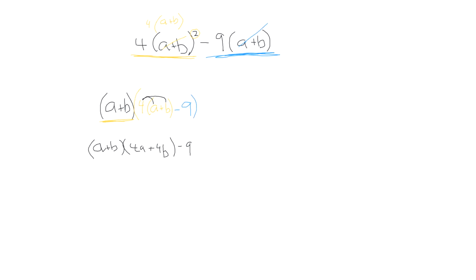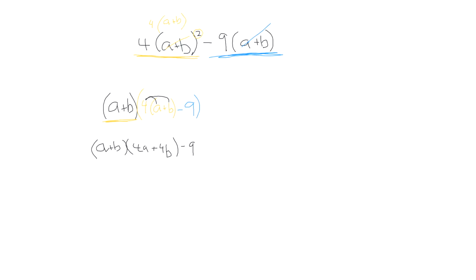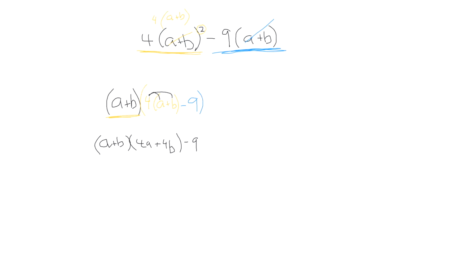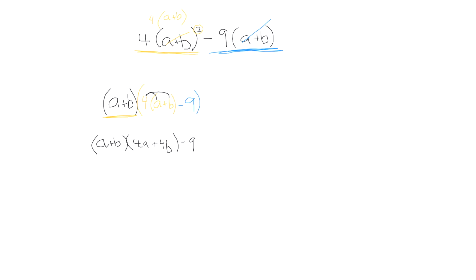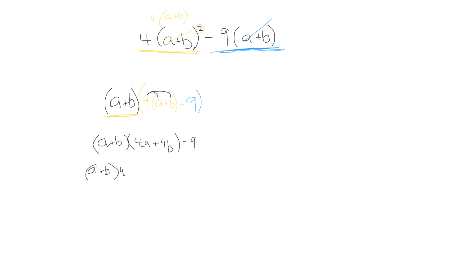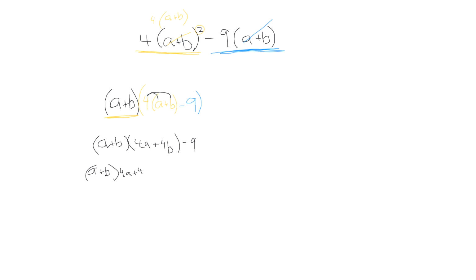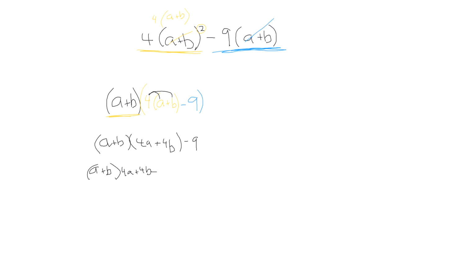I'm going to clean this up because I don't want to have this minus 9 out here just like that. I could put him in with this factor. So a plus b times 4a plus 4b minus 9, and then close the bracket.